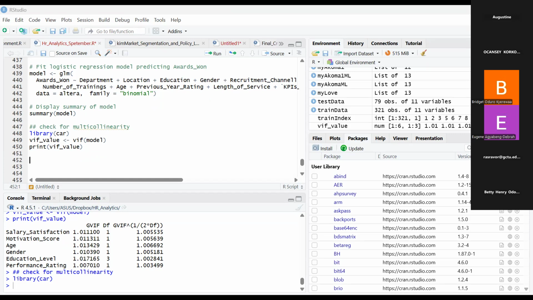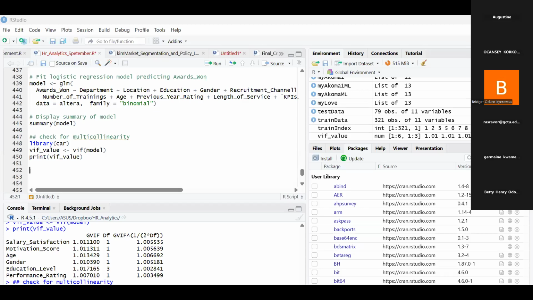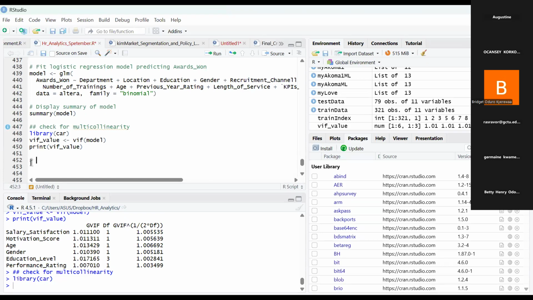So let's run the library. Prof, when I ran it, it told me data loading required. You ran what and it is telling you data loading? The library, it's a loading required package, car data. You don't have car there, right?